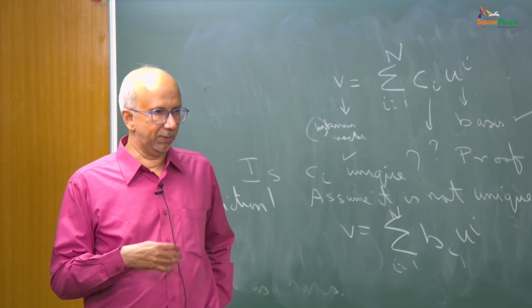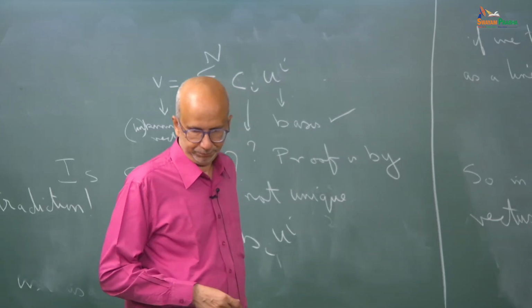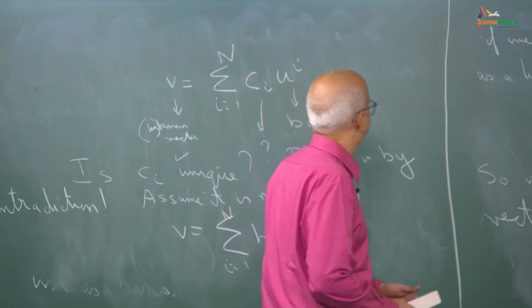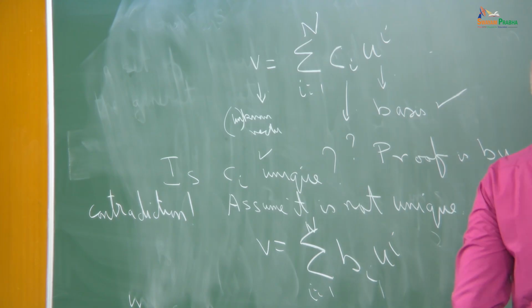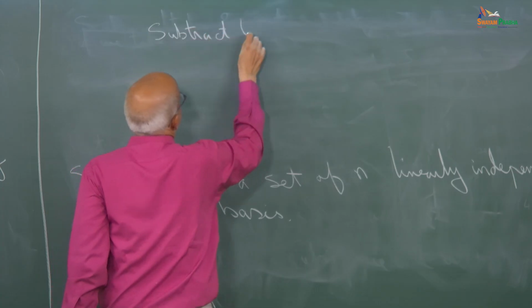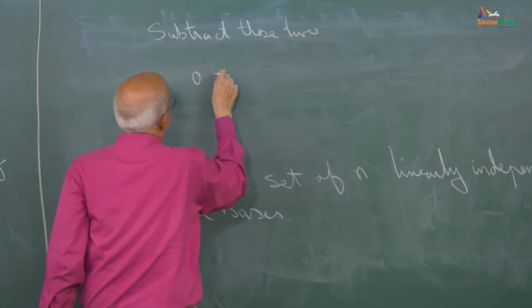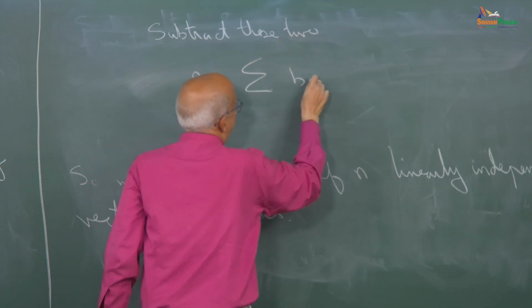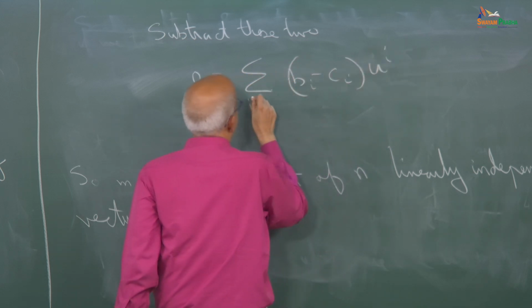What I am going to do is subtract these 2 equations. Now, what do I get? 0 equals sigma (Bi minus Ci) ui, i equals 1 through n.